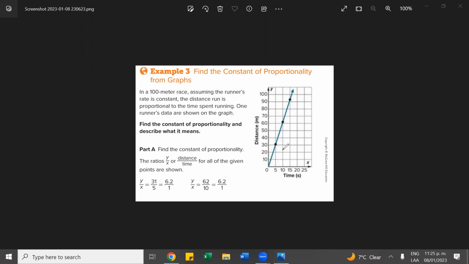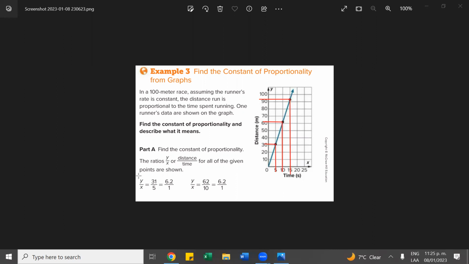If you see the first one, if we do a straight line, it will be 31 divided by 5. The second one will be 62 divided by 10. And the third one would be 93 divided by 15.